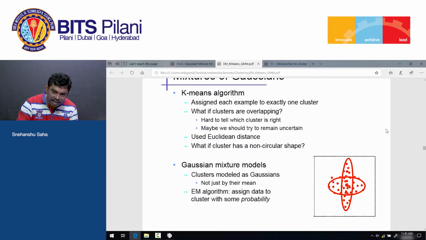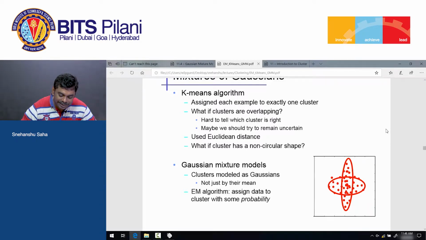Which cluster does it belong to? We don't know, it's hard to say. Therefore it's important to bring in this notion of probabilistic belongingness: take a point and see what is the probability of this point belonging to the longer ellipse, and the probability of belongingness of this point to the other ellipse, not just based on their mean.